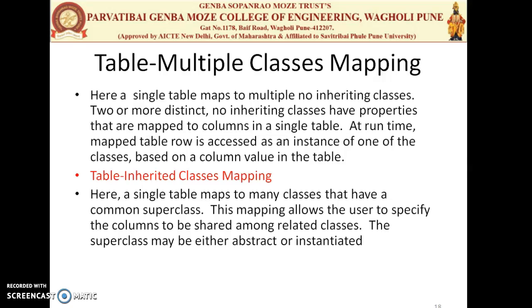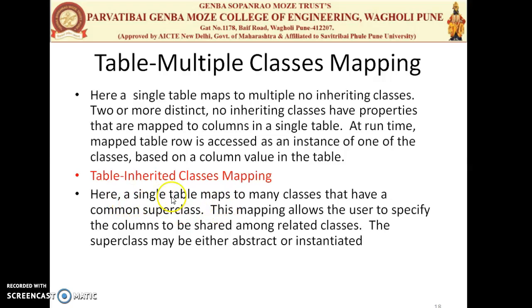So the table row will act as an object, accessed depending on the values of the properties we are retrieving from the columns. As we have seen, the rows represent different instances of that class, that means different objects of that class, and your columns represent the different attributes, the different values of that object.